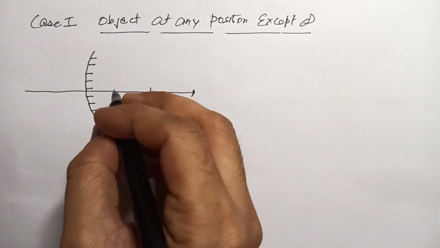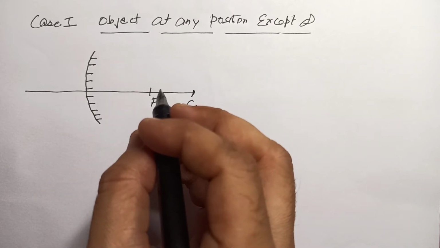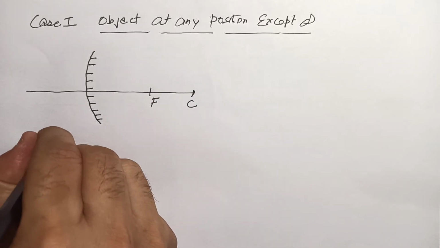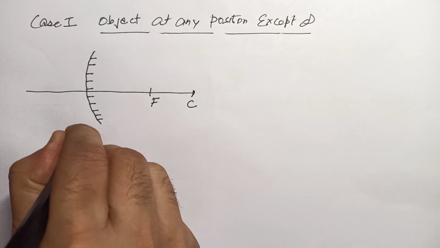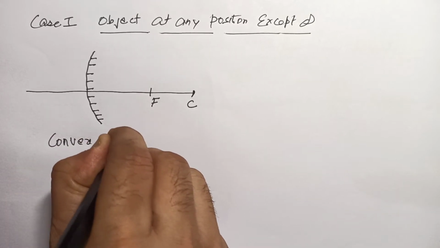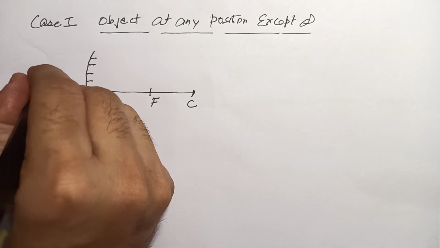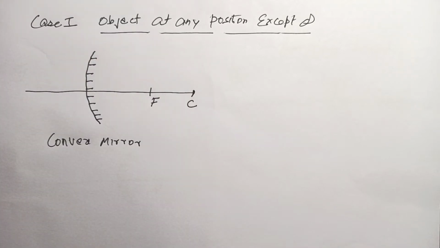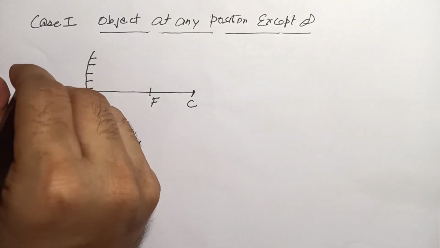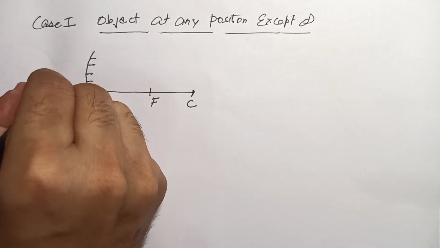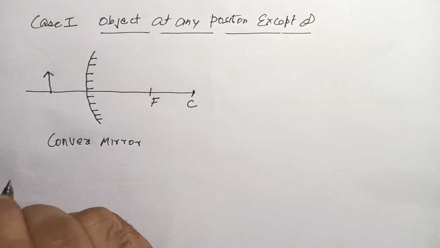Now the image in the case of this convex mirror is something like this. See, as I said, object at any position except infinity. Let's say the object is here.